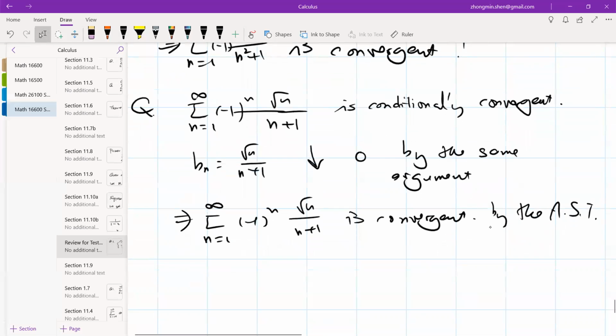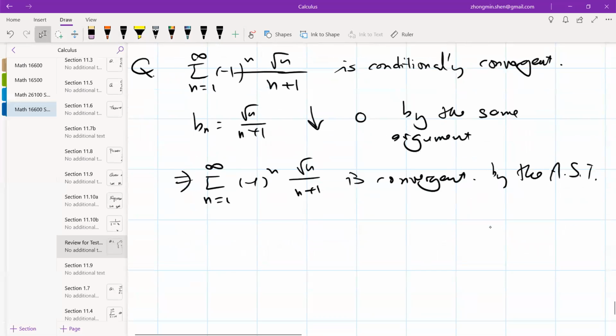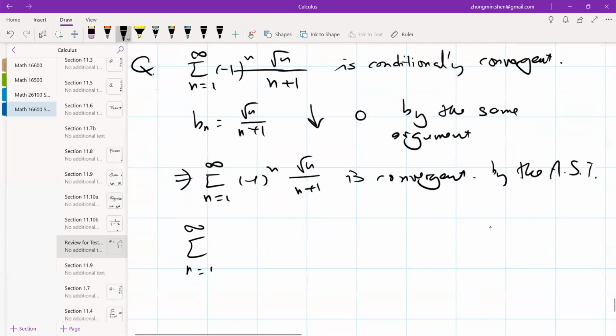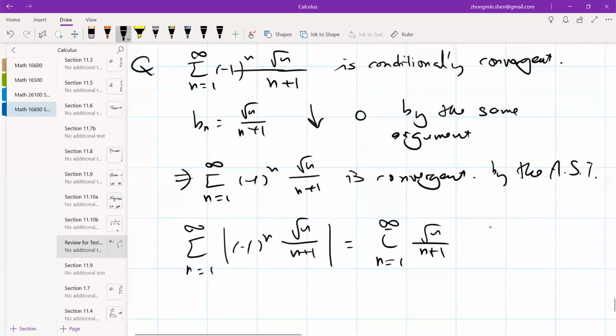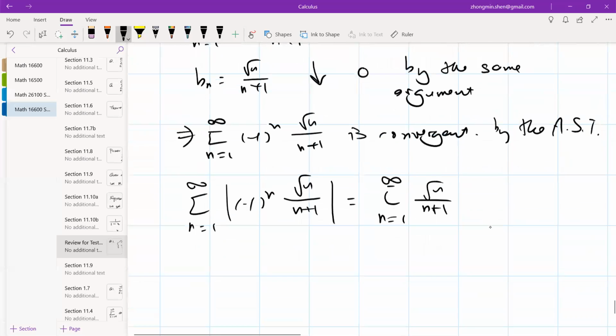Now, whether this is absolutely convergent or not. Well, if you look at this, it's going to be divergent.